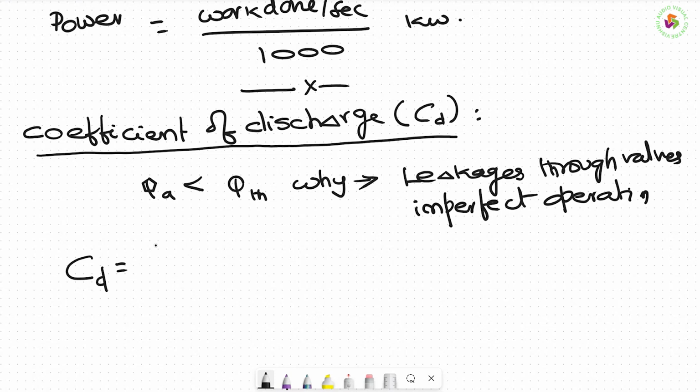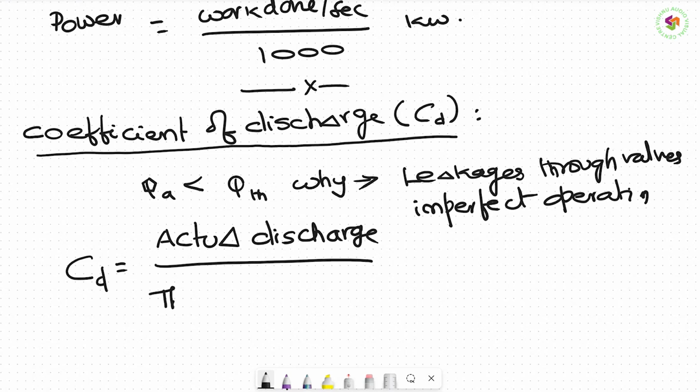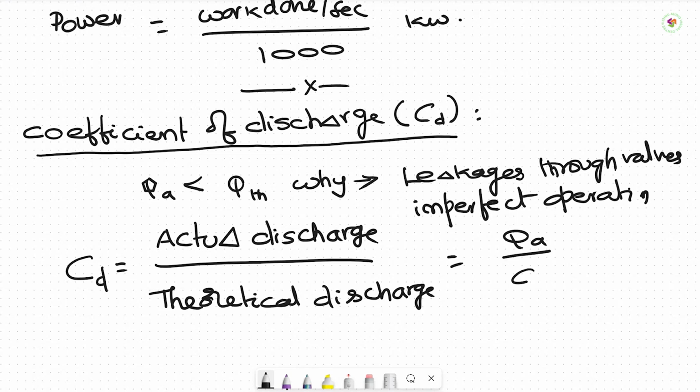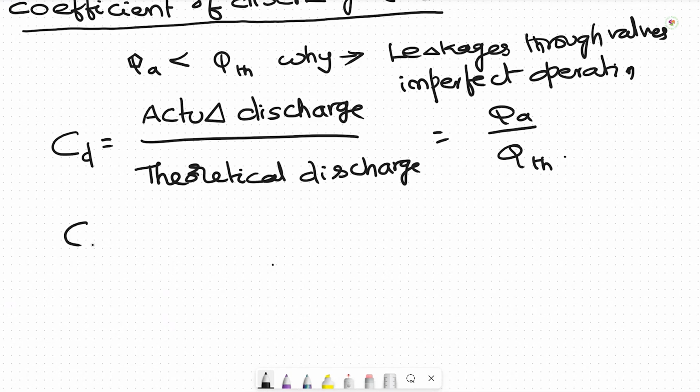Because of these things, the actual discharge is always less than the theoretical discharge. Therefore, CD is equal to actual discharge divided by theoretical discharge, Q actual divided by Q theoretical. Generally in a reciprocating pump, this CD is expressed as a percentage.